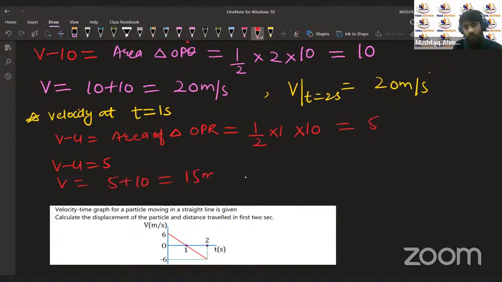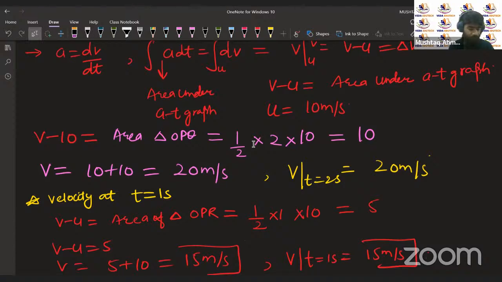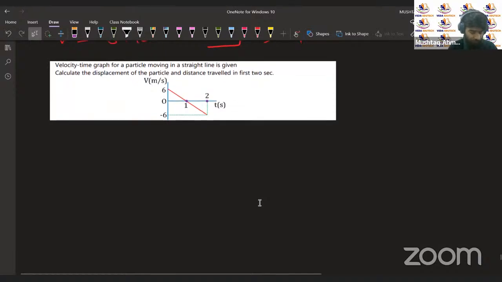So the velocity at time t equal to 1 second is equal to 15 meter per second, correct? Let's move on to the next question.